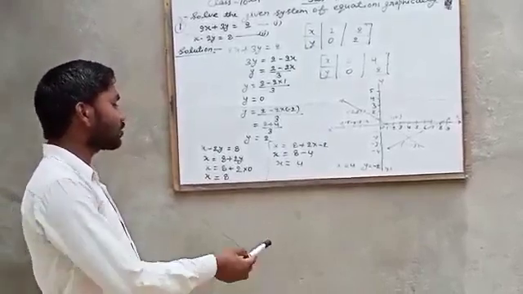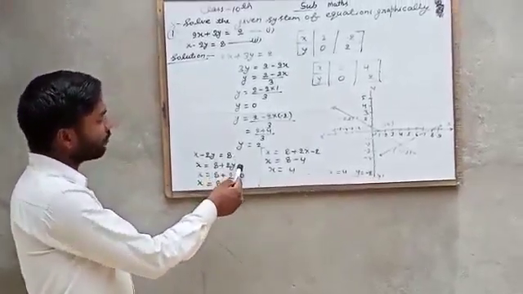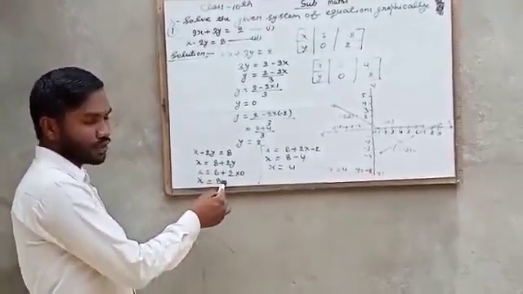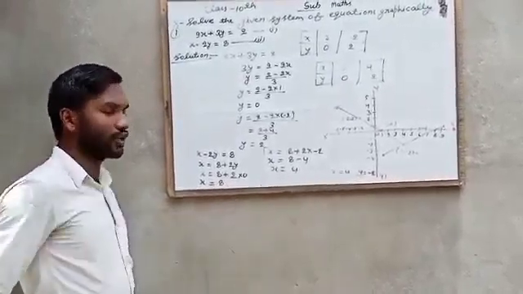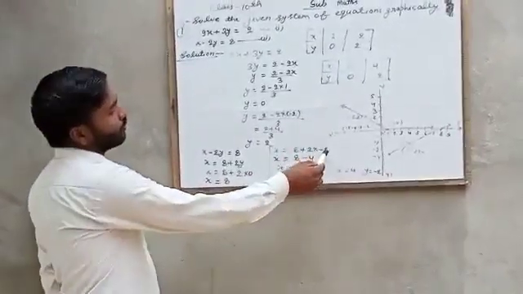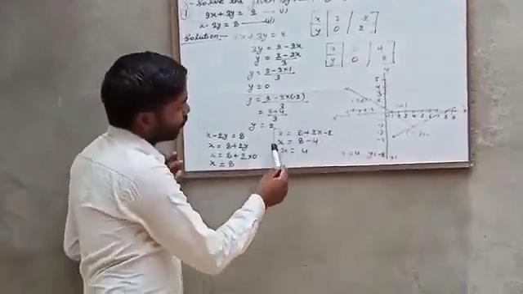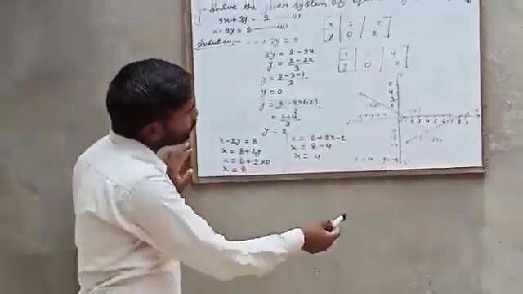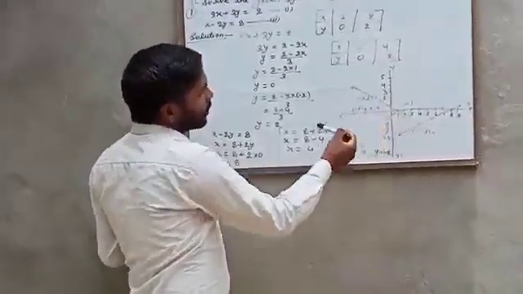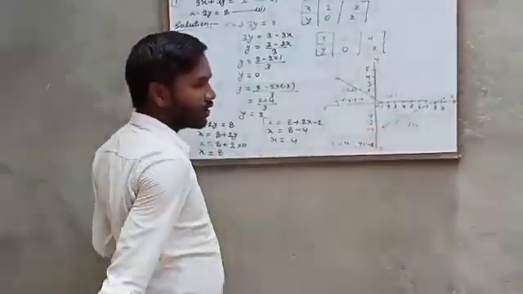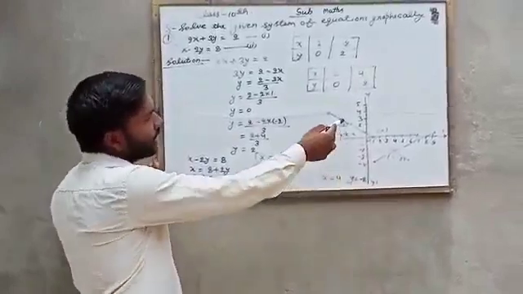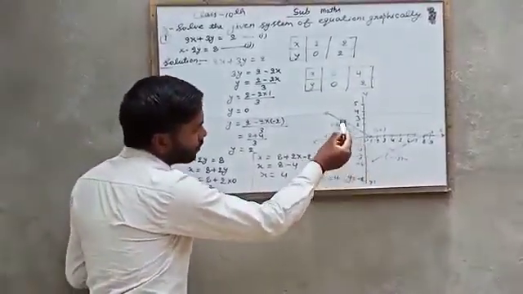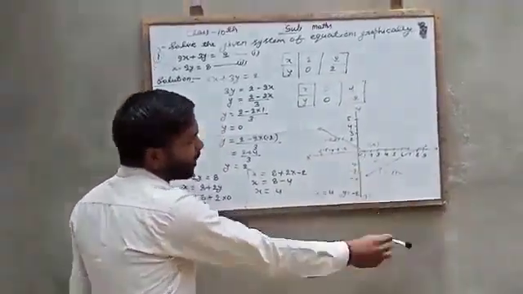For the second equation also we put the value of y as 0, so we got the value of x is equal to 8, and when we put y is equal to minus 2, we get the value of x is equal to 4.